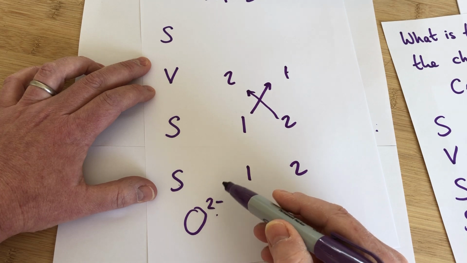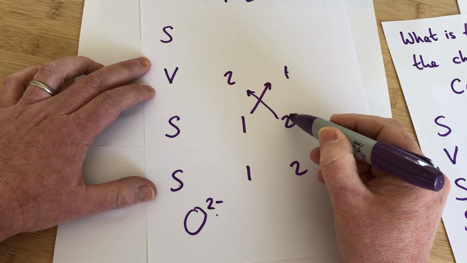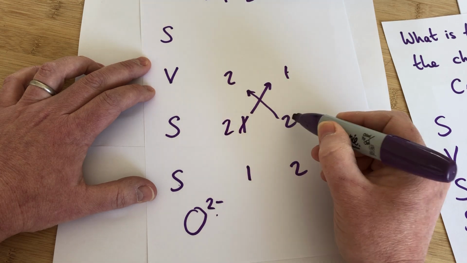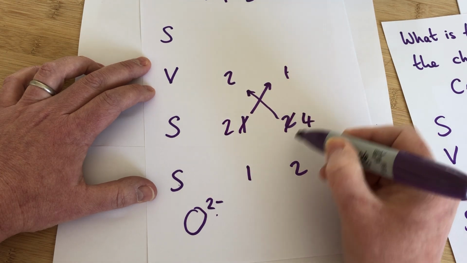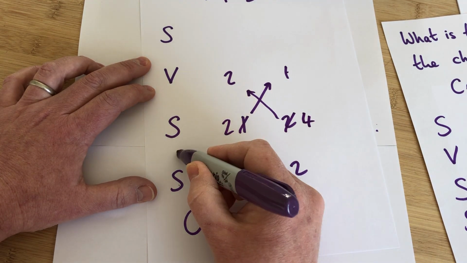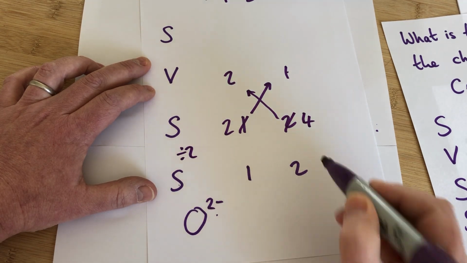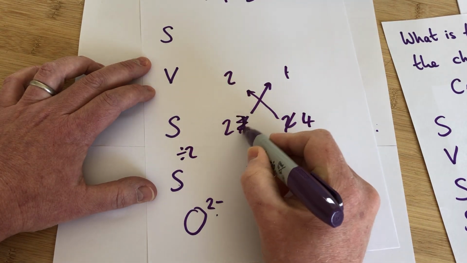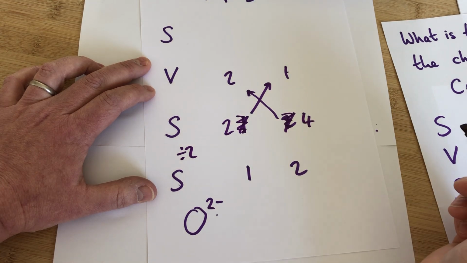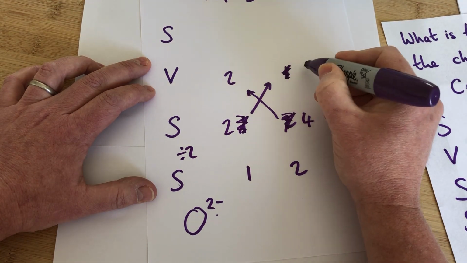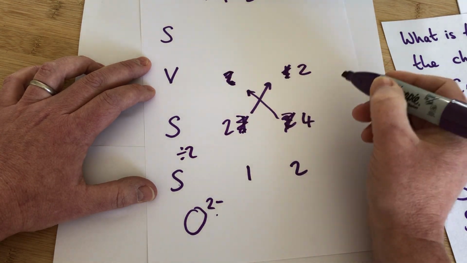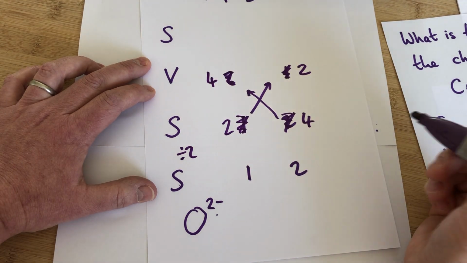So actually here, these numbers must be wrong. That must be a 2, that must be a 4. And then we simplified them. We divided by 2 here to get 1 and 2. So really we have 2 and 4.